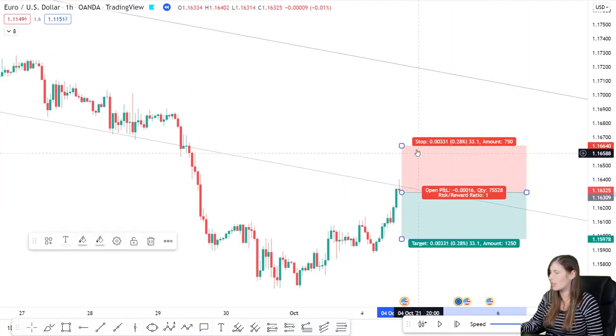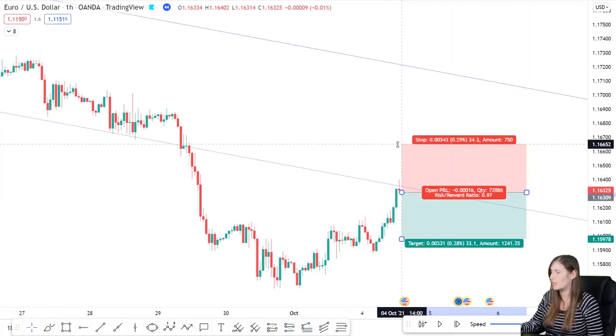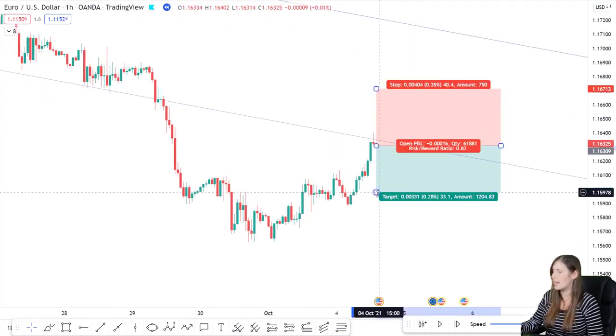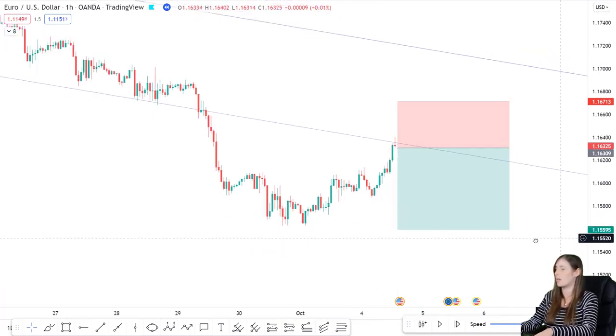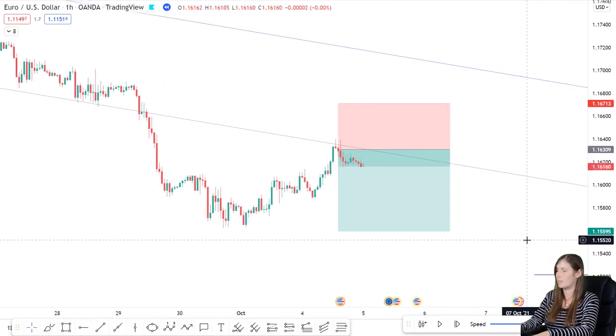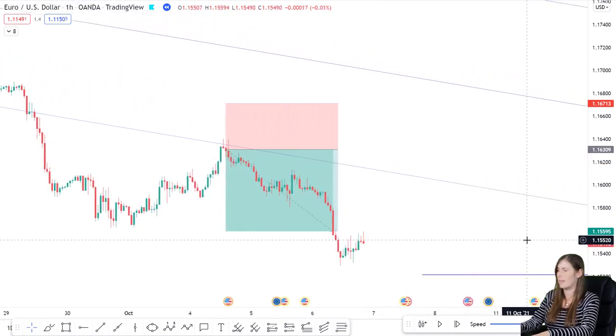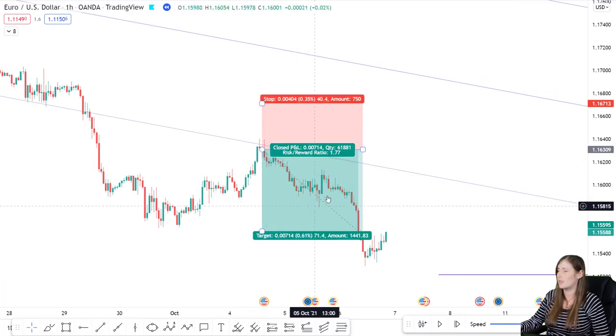So we could set a short here. We could just have a stop above this previous level here. And once again, just looking to break the low of structure, we could aim for a 1.75 profit. And as you can see, price just trends down very nicely.